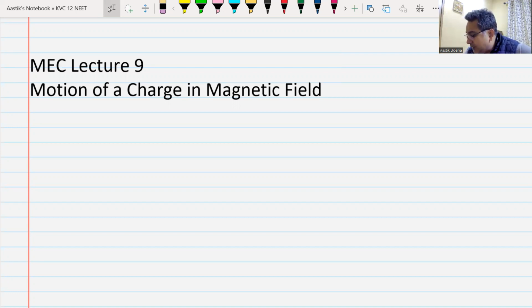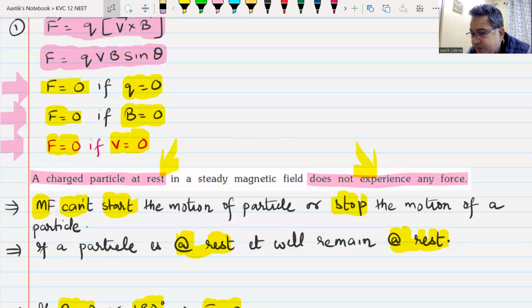We have also seen that force depends on the angle between V and B. Keeping that in mind, we will move ahead and see what is the effect of this angle and how it affects.